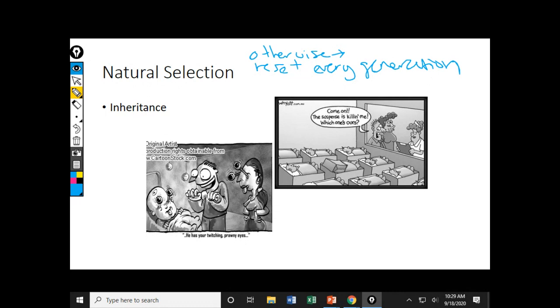If my orangeness is because I fell in a mud puddle, so now I'm just covered in orange clay, that's still going to give me an advantage, right? I'm still camouflaged really well, but I can't pass on being covered in mud to my baby beetles. So that is not a heritable component. Whatever it is that I have has to be heritable.